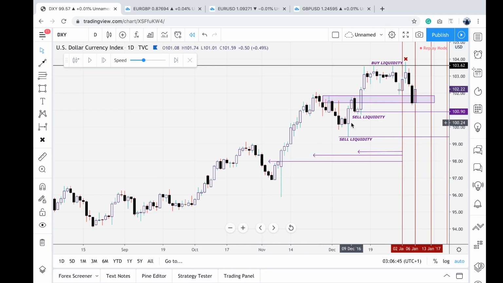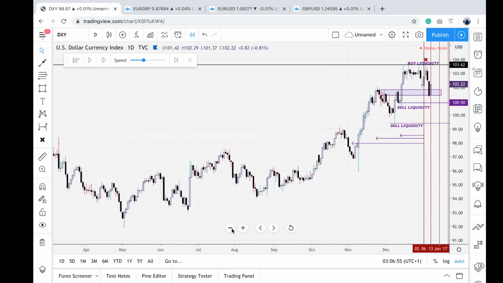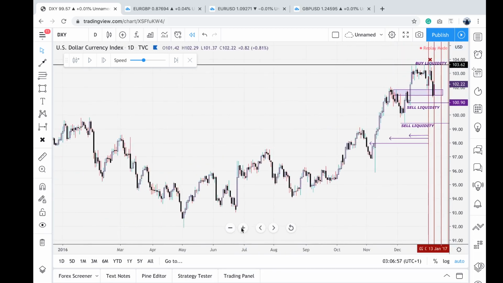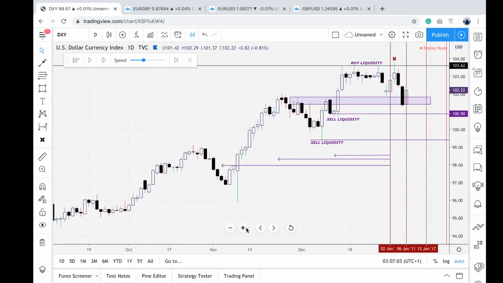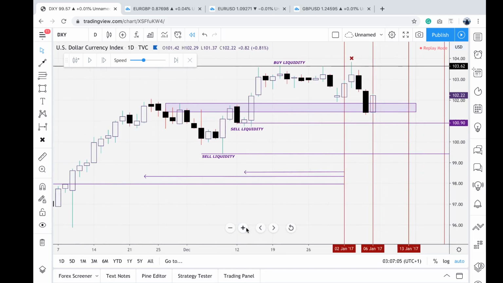Before price made a reversal up to this level, look at how it took out these equal bodied candles before price went up. Before you see any major swing in price, you're going to see an aggressive stop run through a level.